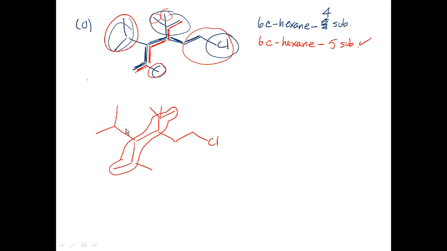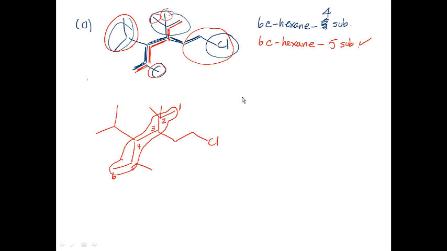Numbering scheme. Going bottom to top, top to bottom. Going from the bottom, I encounter a methyl group at carbon 2. Coming from the top, I encounter 2 methyl groups at carbon 2. Therefore, the numbering scheme is going to be this one. There's my numbering scheme because I get 2 methyl groups.